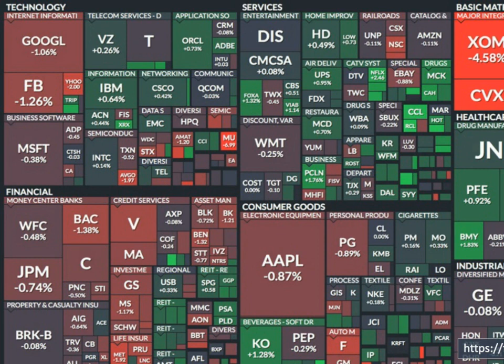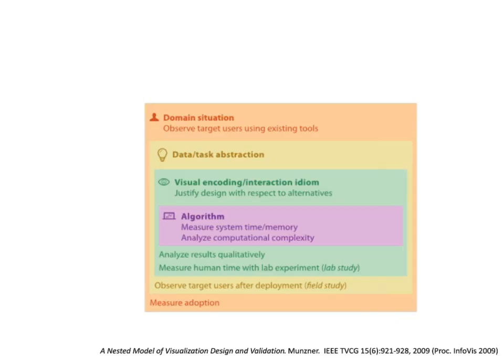And to talk about this, I'm going to use a model that was created by Tamara Munzner, who also has a book published not that long ago, in the last year. We'll talk about that at the very end. And she has this very nice model of the different kinds of things you need to understand and to do when you're evaluating a new technique or something that people do in data visualization.